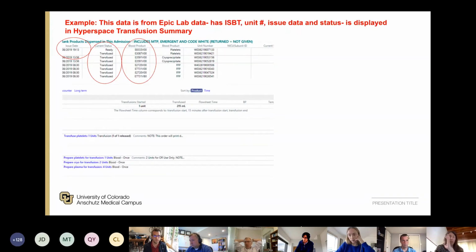We're looking at Caboodle, which is Epic's data warehouse, and the one that we ETL to OMOP. And then we're looking in Hyperspace too, which is where physicians, nurses, and care team members enter data, and where we could review data and figure out where the information we needed was best recorded.